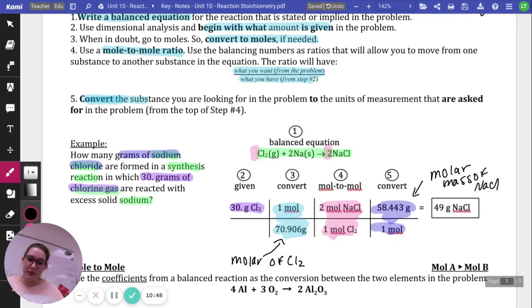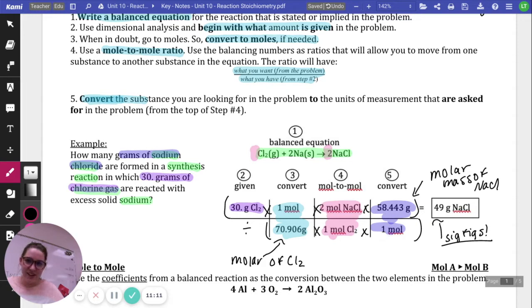Then you solve, and to solve, you multiply across the top and divide by the product of the bottom. And then always, always, always, we have to do sig figs in our answer. All right, so that is how we solve one of these problems.